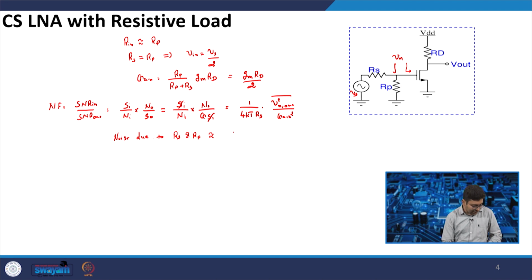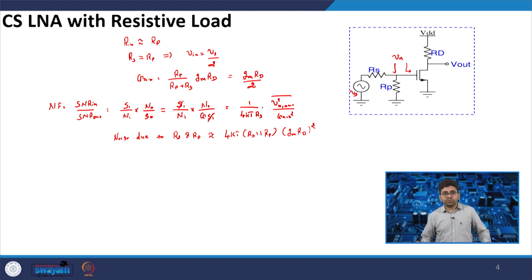It is given as 4kT (Rs parallel Rp), and because whatever noise comes from Rs and Rp is going to be amplified by this amplifier, we need to add the gain also, that is (Gm into Rd) whole square. So, this is the noise due to Rs and Rp.